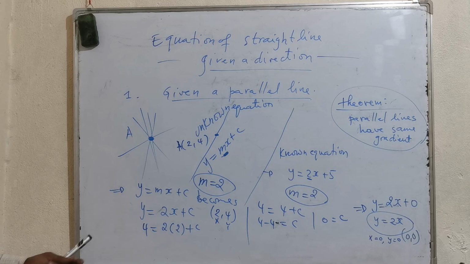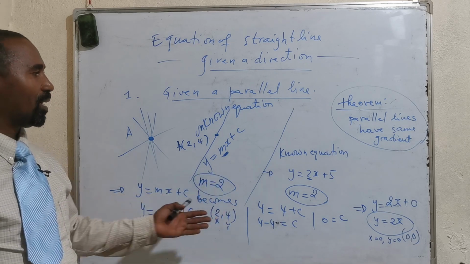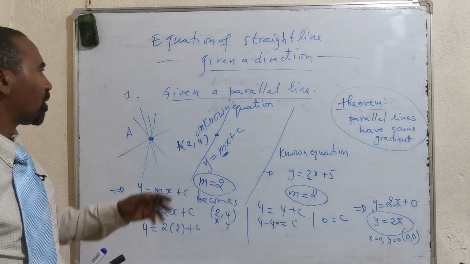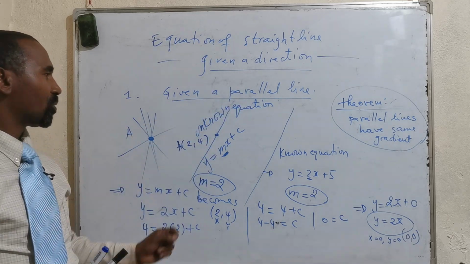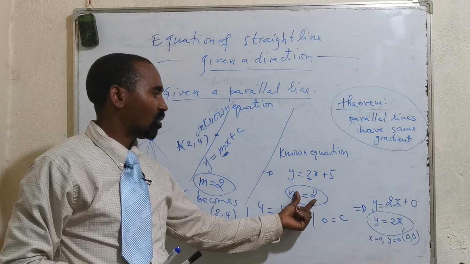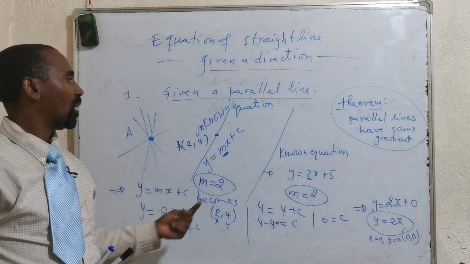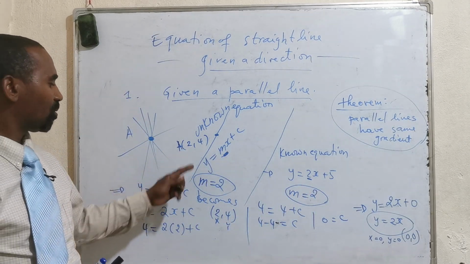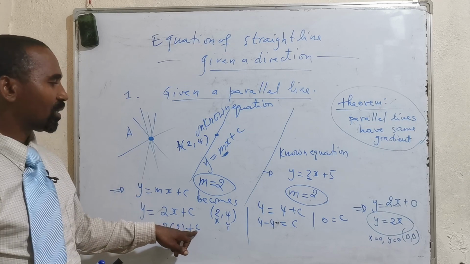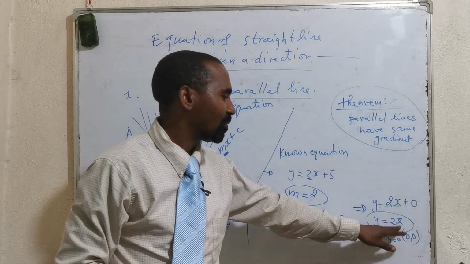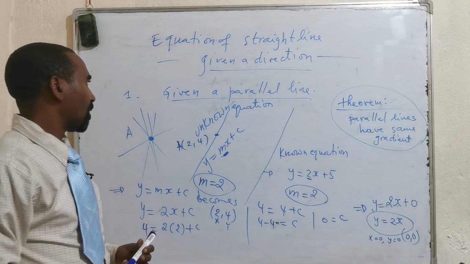In summary, to write the equation when you are given a parallel line, you get the gradient of the known equation. You use it in the general equation with the given point. You replace to get the constant term, and then you write the equation of the line.